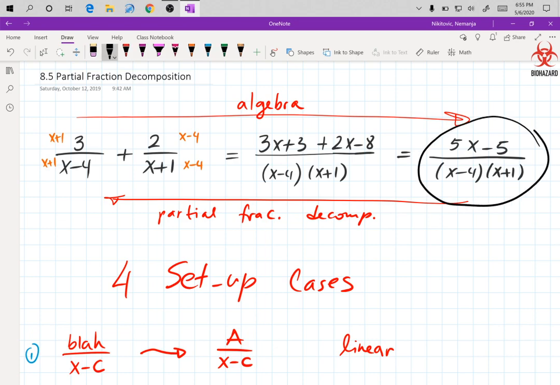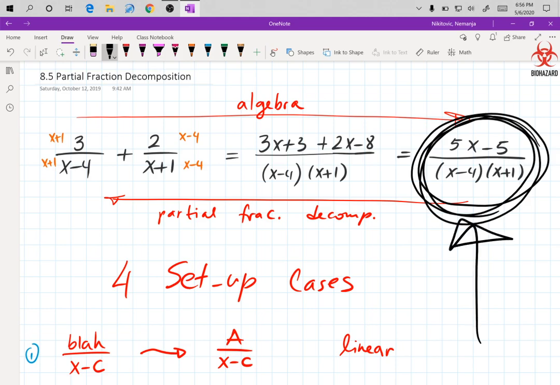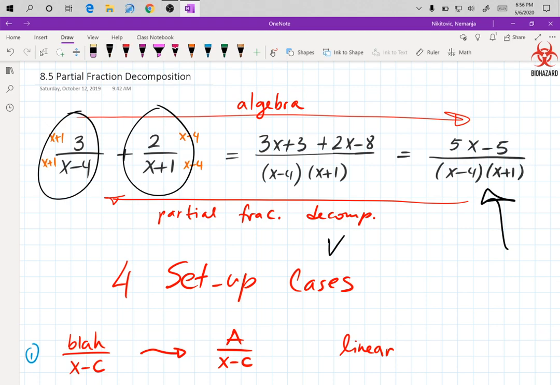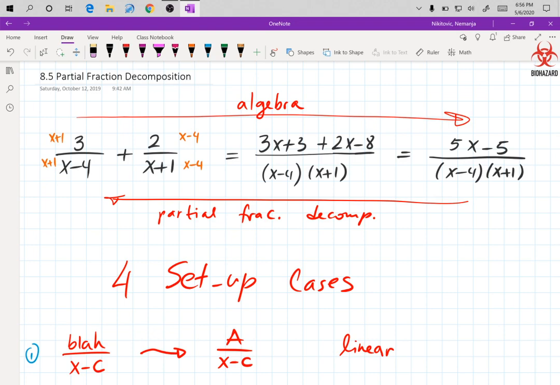When your problem starts here, the procedure that we teach is going to be partial fraction decomposition to get this into two or more fractions. So partial fraction decomposition. You see that these are separated from each other. They are fractions, and it's decomposed from here. They were together and now they're separate, right? So decomposed. So partial fraction decomposition.